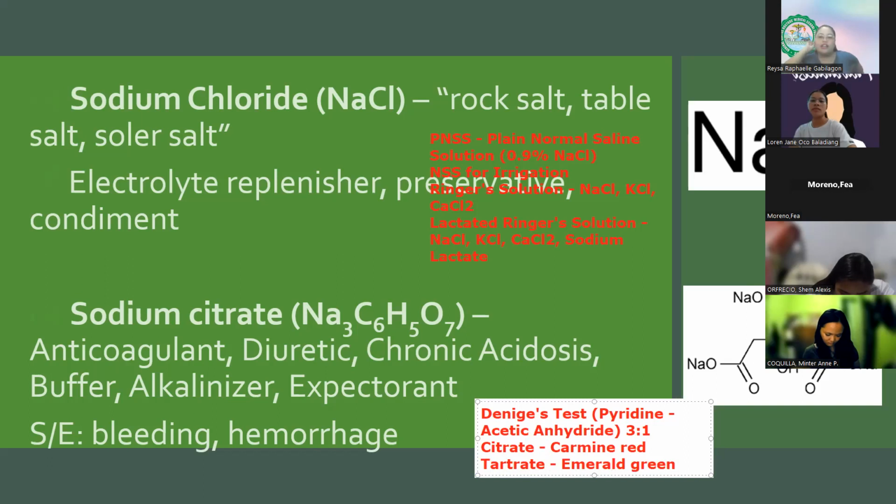So in short, this test is used to test the presence of either citrate or tartrate. Or we can differentiate between citrate and tartrate kasi magkaiba yung color na nilalabas niya. Carmine red for citrate, and then for tartrate naman, it's emerald green. Okay? Questions or clarifications on this?